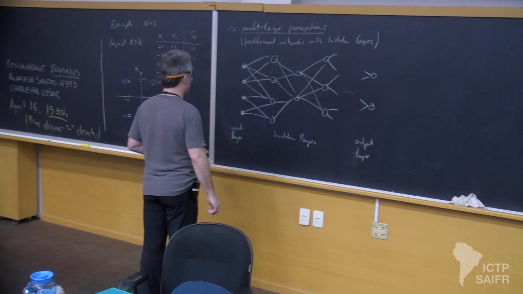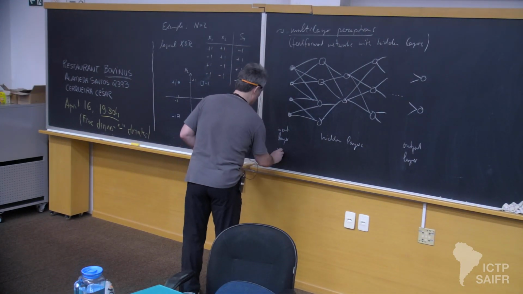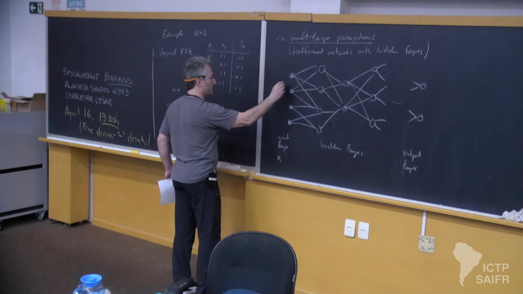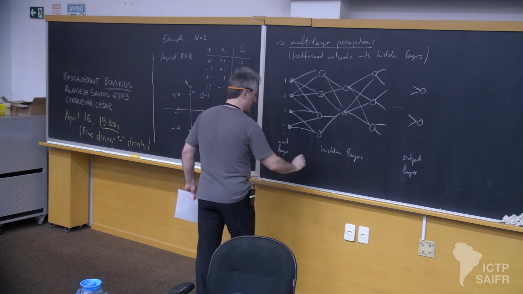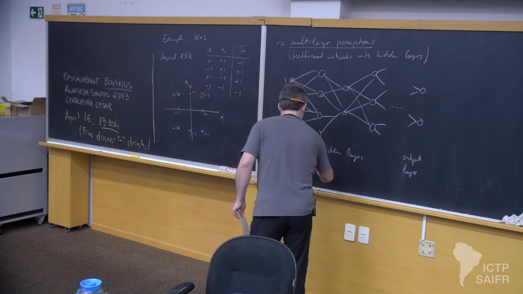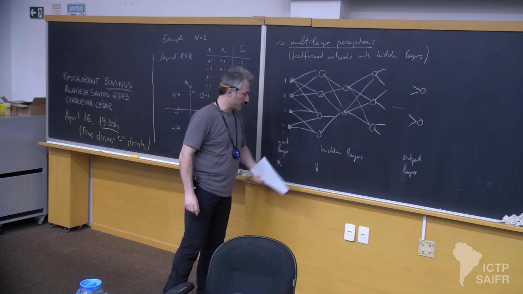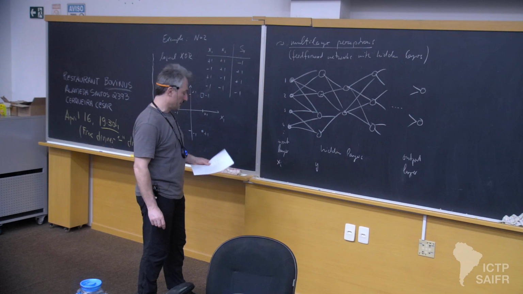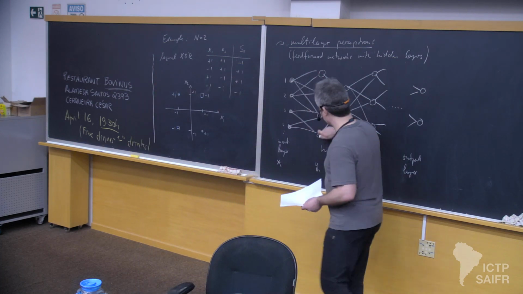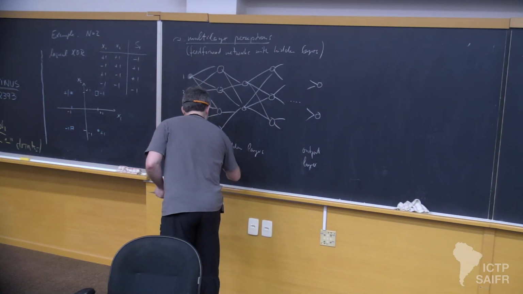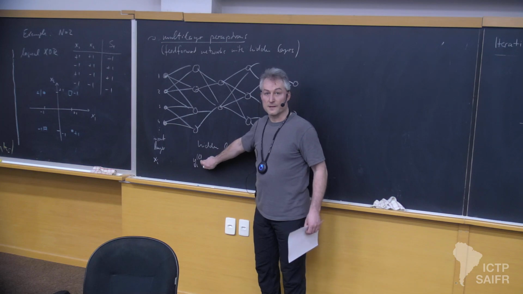So what I'm going to do is, the input is still an x, and the index i is for the different inputs here, 1, 2, 3, 4, and so on. And the hidden layers, I call them y. The values that the neurons take here in the hidden layers. y, also i for the different numbers. And then the hidden layer gets an index l in parentheses at the top.